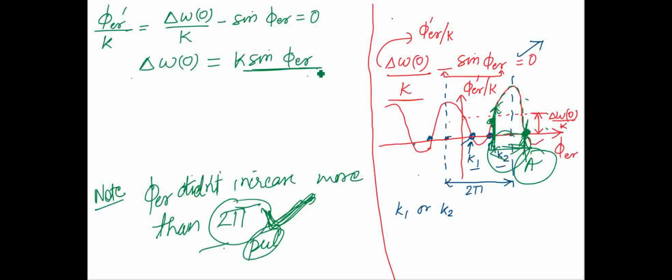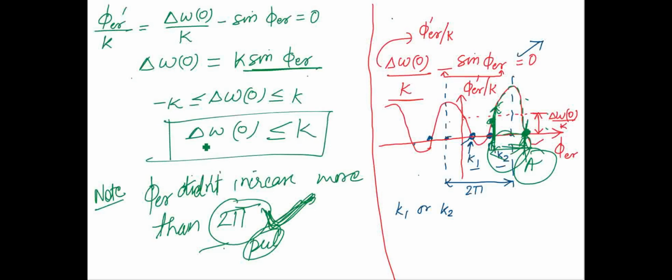Sine phi error will be 1 or minus 1. That will be the limit. So what we can say is that the limit is del omega 0 should be less than or equal to K. So this is the maximum frequency range up to which we can lock the PLL, right?